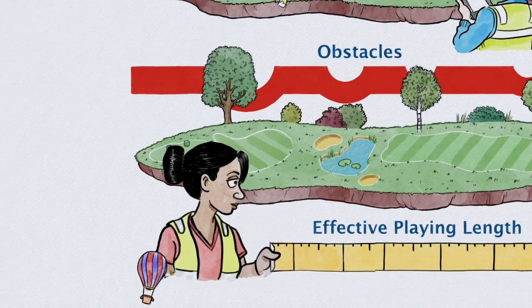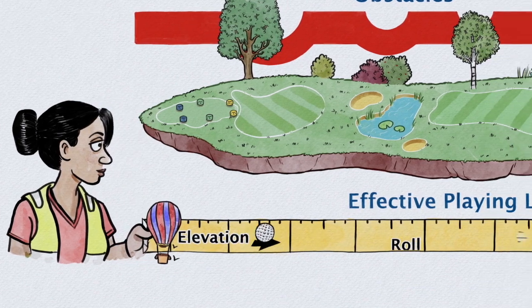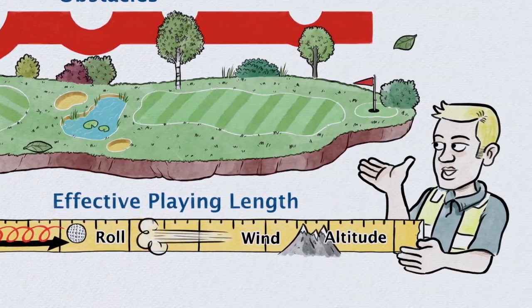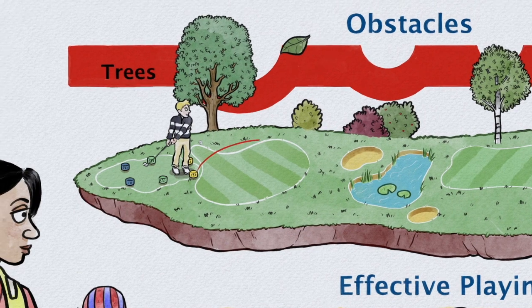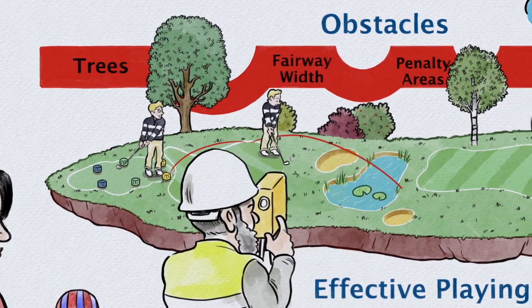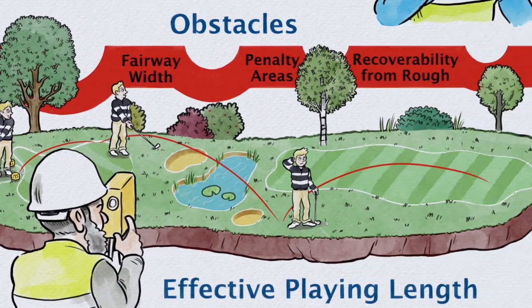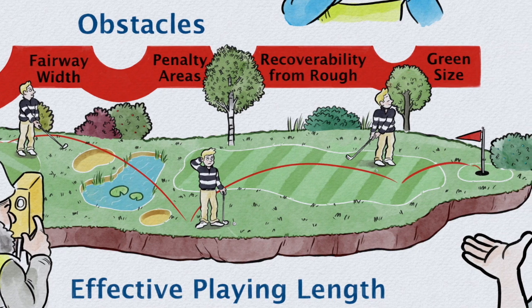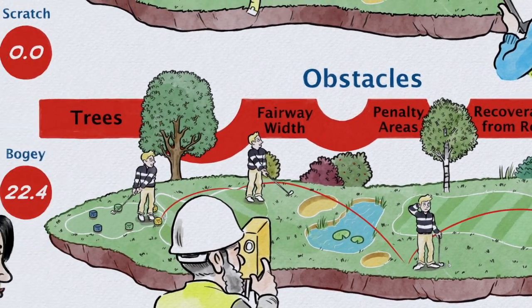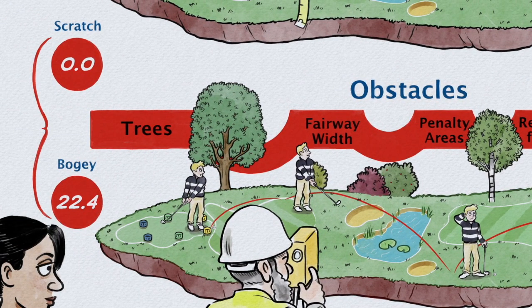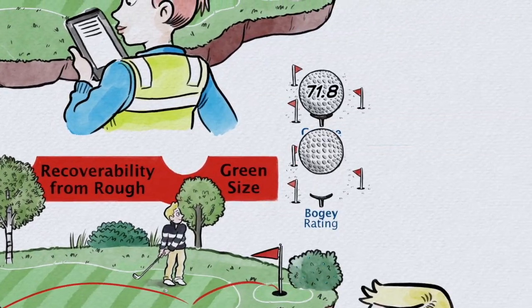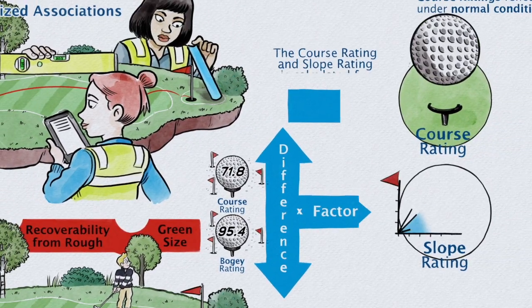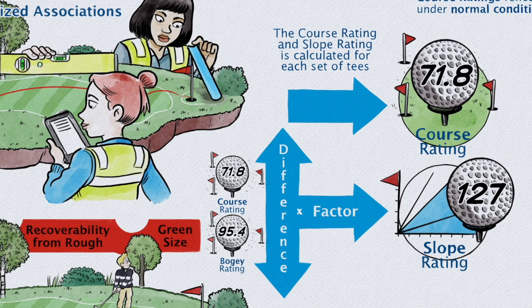The effective length includes factors such as elevation, roll, wind, and altitude. Obstacles include factors such as trees, fairway width, penalty areas, recoverability from rough, and green size. All these factors are assessed separately for both the scratch and bogey player. Once the evaluation process has been completed, the course rating and slope rating is calculated for each set of tees.